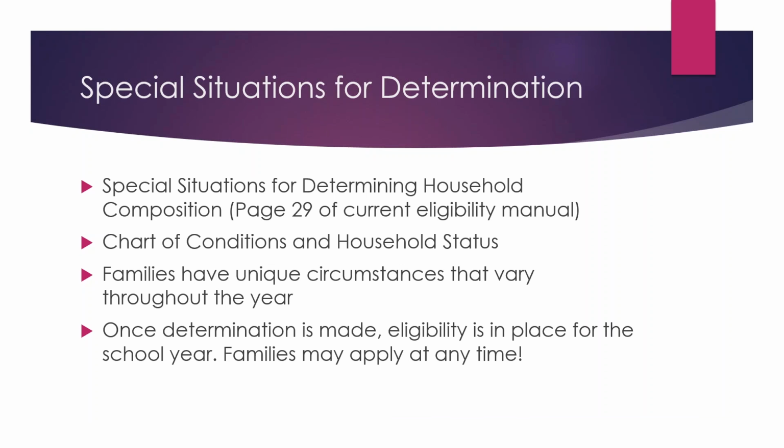And this has a chart of conditions and household statuses that you may encounter when approving free and reduced price meal applications. Keep in mind that families have unique circumstances that vary throughout the year. Once that determination is made, that eligibility is in place for the entire school year. And also, families may apply at any time for free and reduced price meal benefits.